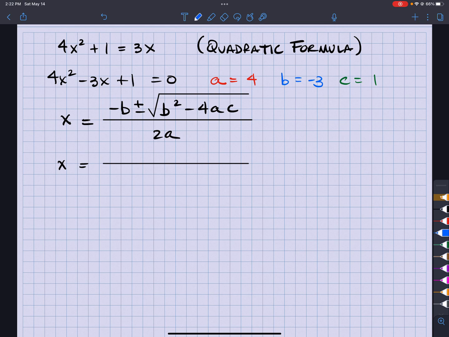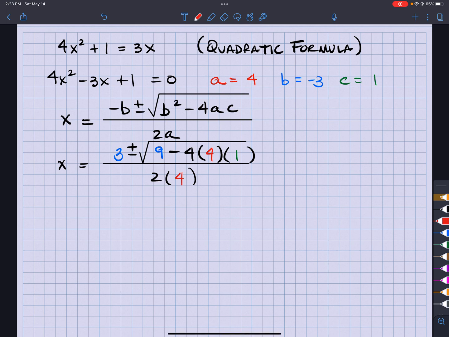So since my b is a negative 3, negate b would tell me that this is going to be a positive 3, plus or minus the square root of b squared, negative 3 squared would be 9, minus 4 times a times c, and my a is 4, and my c is 1, and it's all over 2 times a, which is 4.